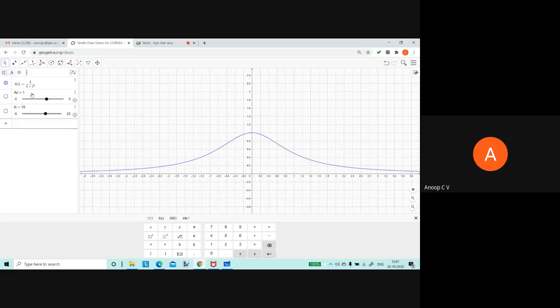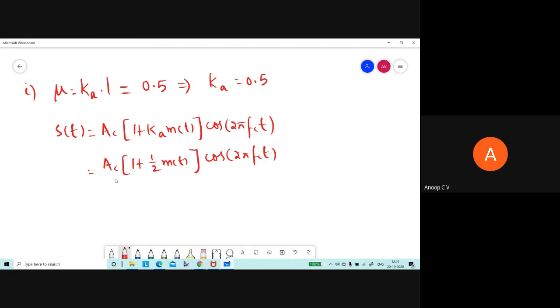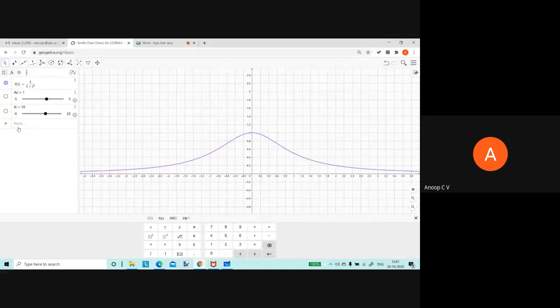Then we'll just go back and see what our expression is: Ac into 1 plus half times m of t cos 2 pi fc t. So again, Ka I'll define as half, 0.5. Later on anyhow we can change it. Now we'll define it as Ac into 1 plus 0.5 Ka into m of t.